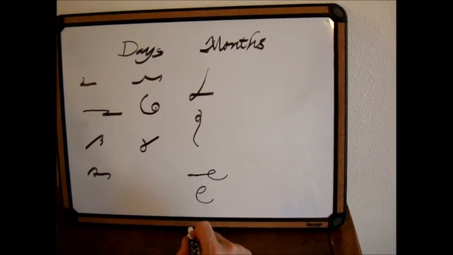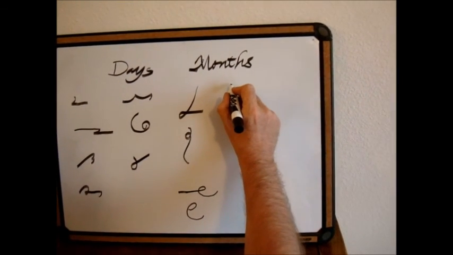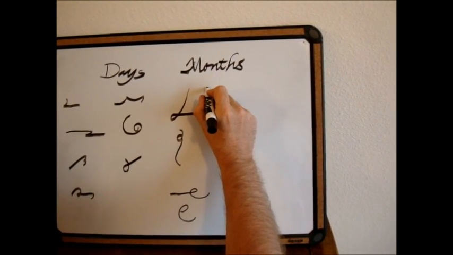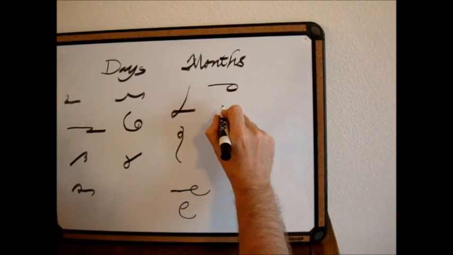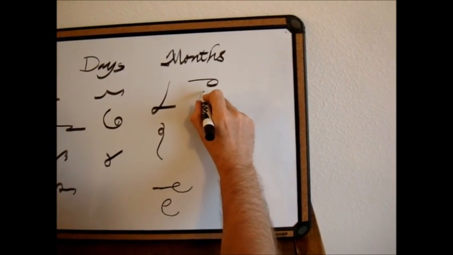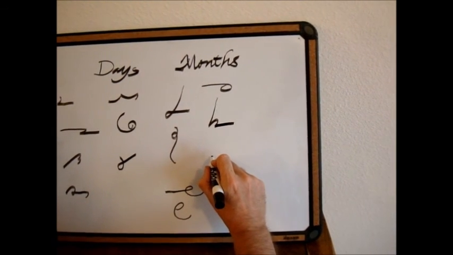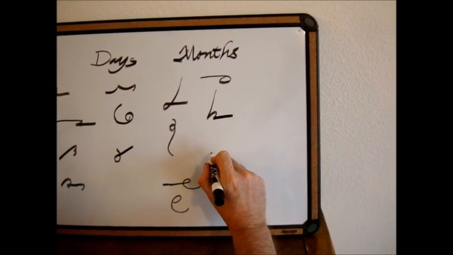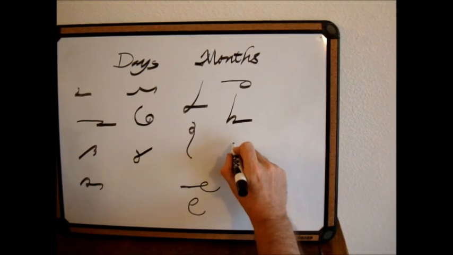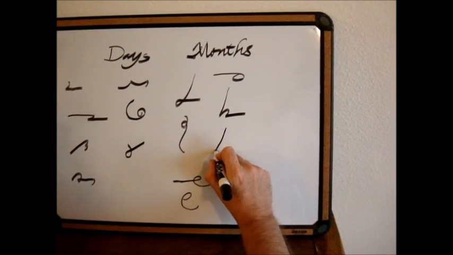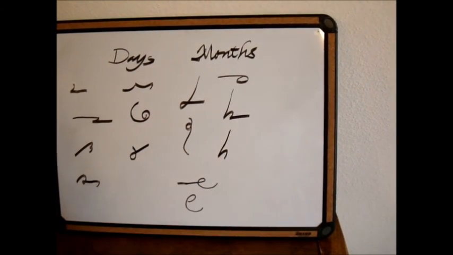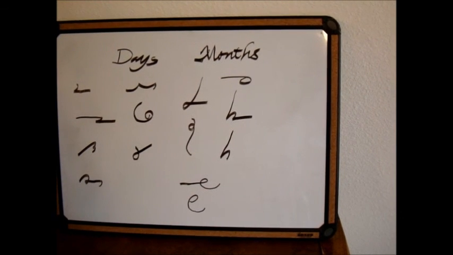I'm going to run out of room here, I think. That's okay, we'll just erase and start over. So May, June, and he uses this for July, just JU. You can personalize these a bit if you want.